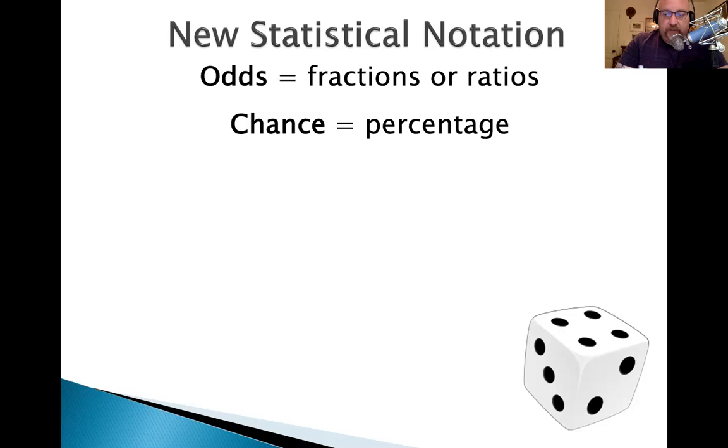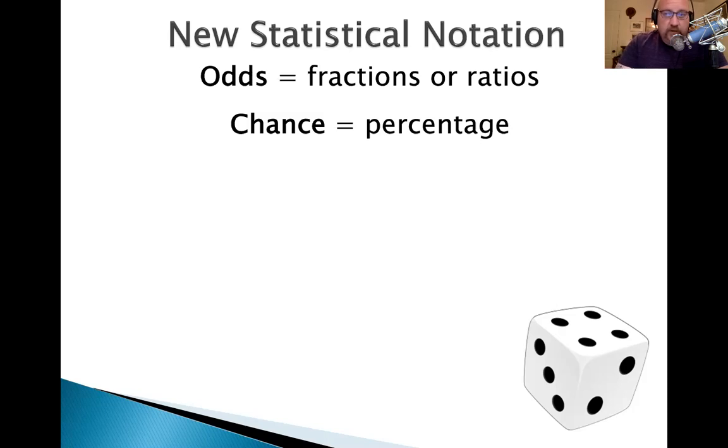There is one outcome that I'm interested in, rolling the six, and that's divided by the possible outcomes, there are six different outcomes. So you do one divided by six, and your chance comes out to basically 17%. So you have a 17% chance of rolling a six on your first roll of the die.